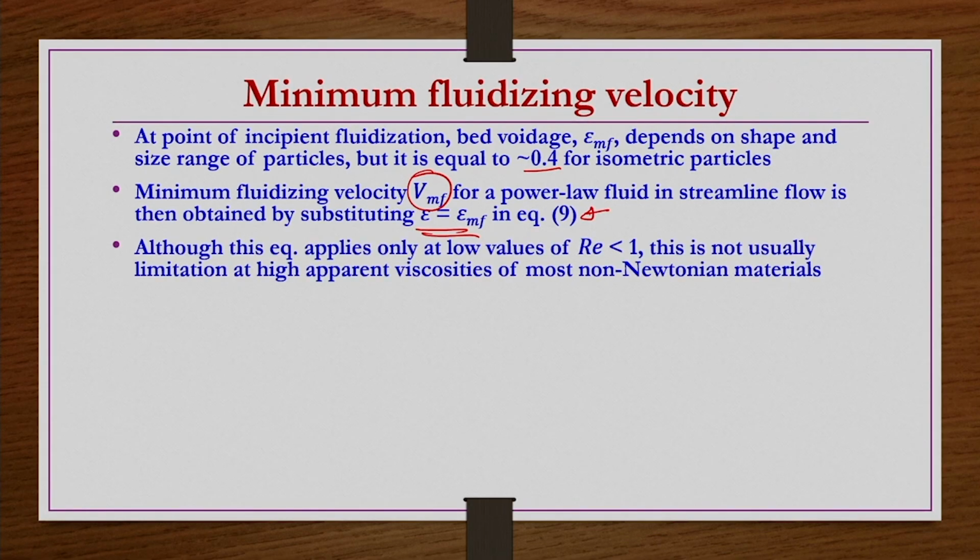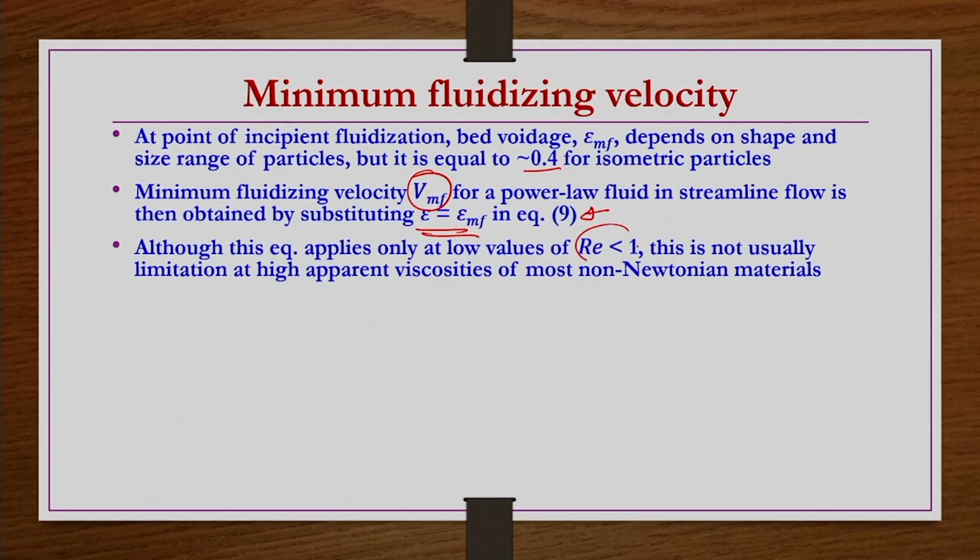Although this equation applies only at low values of Reynolds number, this is not usually a limitation because of the high apparent viscosities of most non-Newtonian fluids. Although the viscosity of non-Newtonian fluids changes with the shear rate, the apparent viscosity, which is the local value of shear stress divided by the shear rate, is usually very high.